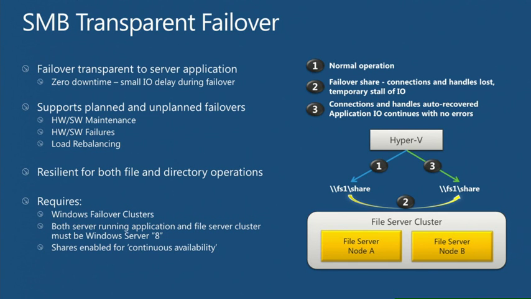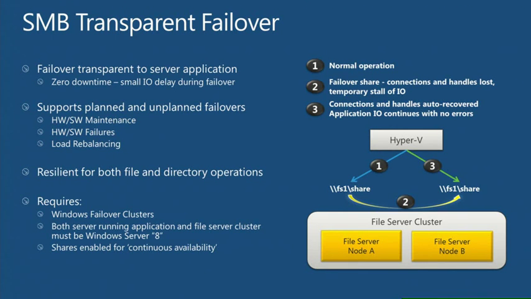Okay? That's the concept of transparent failover. Of course, you can only do that if you're running a failover cluster. That's a given. So you need multiple file servers, okay? And for that to work, both your file client and your file server have to be running SMB 3.0, okay?